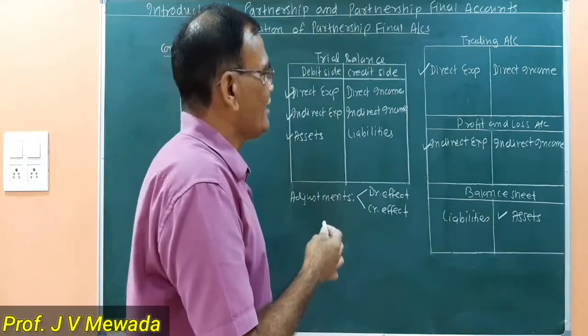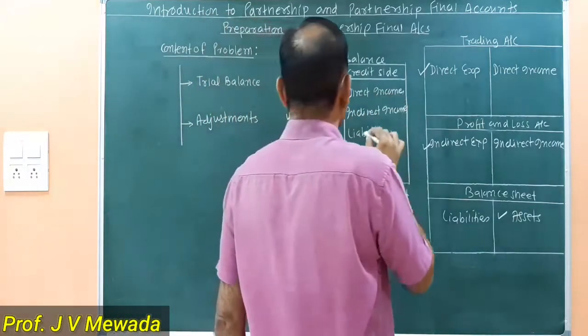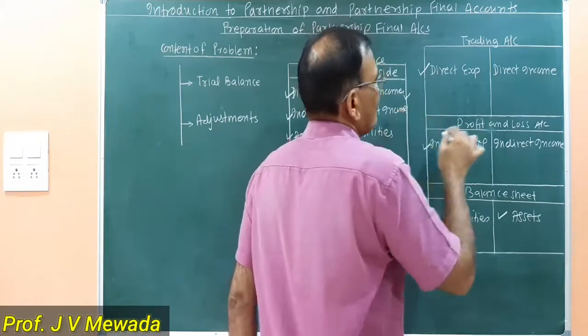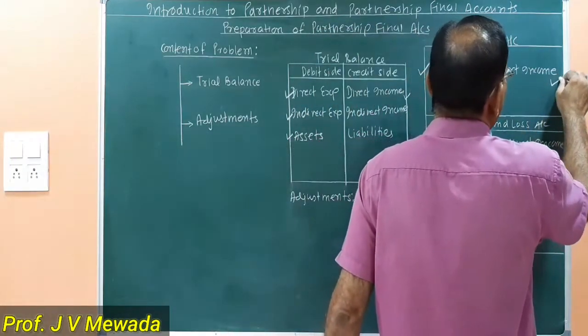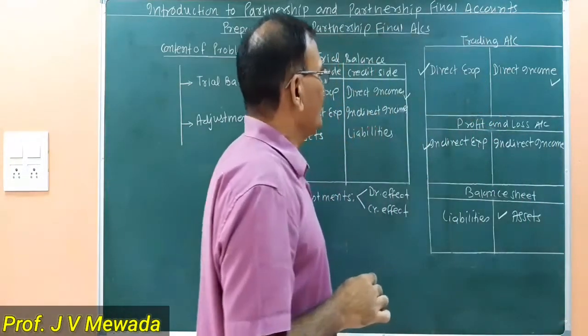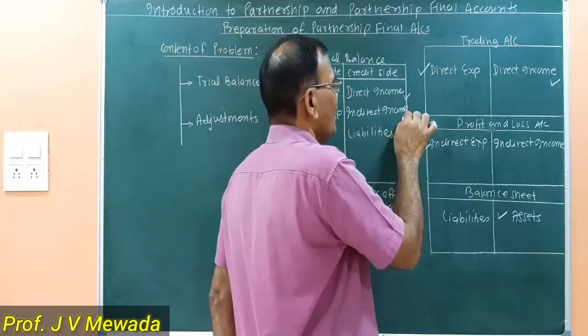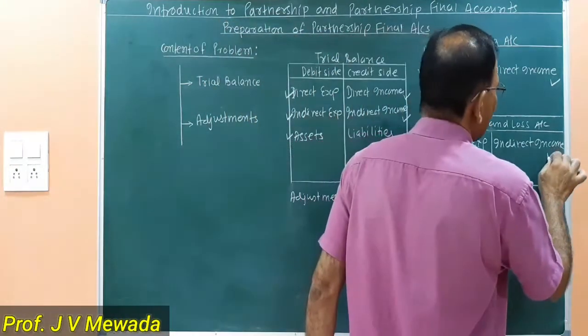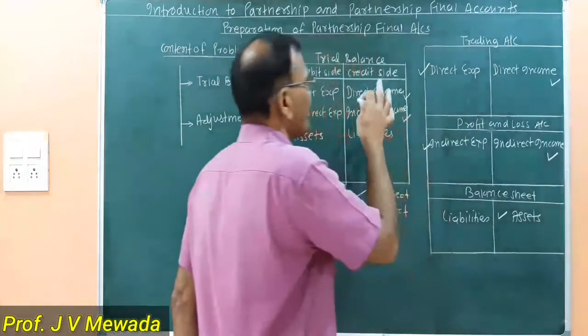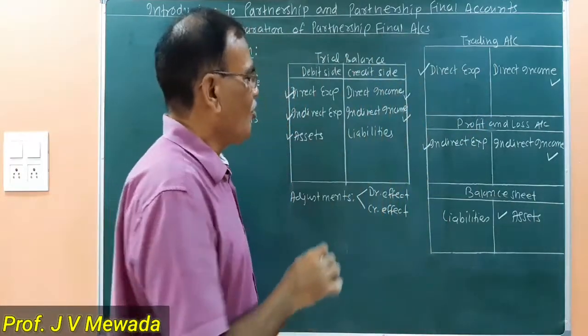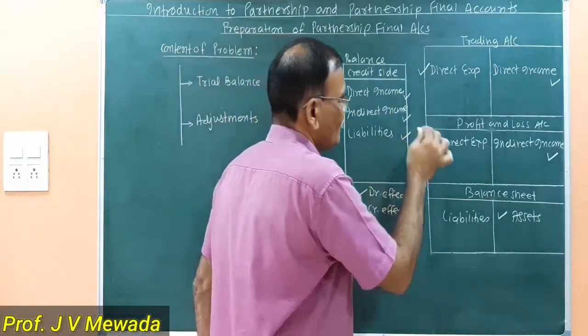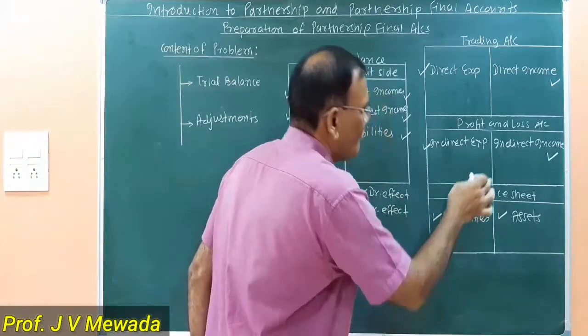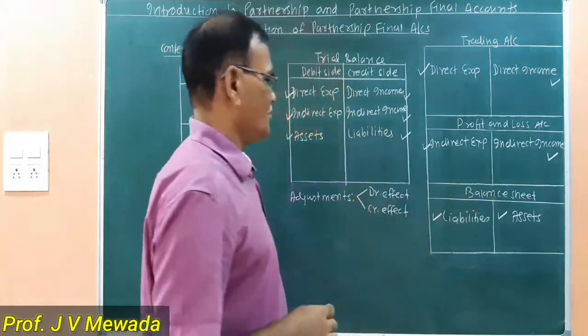Now on the credit side, direct incomes are recorded on the credit side of the trading account. Indirect incomes are recorded on the credit side of the profit and loss account, so credit on the credit side. And all the liabilities are recorded on the liability side of the balance sheet.